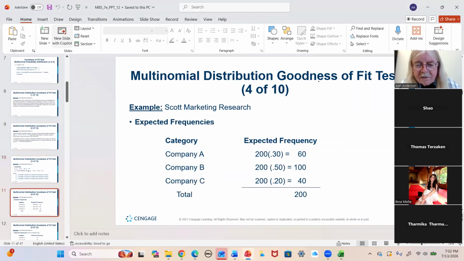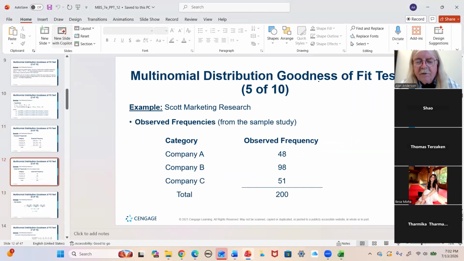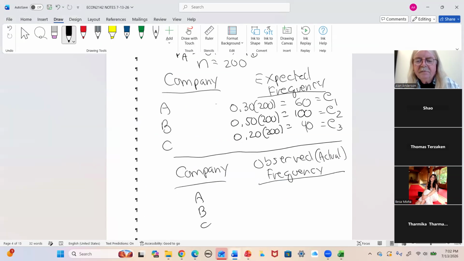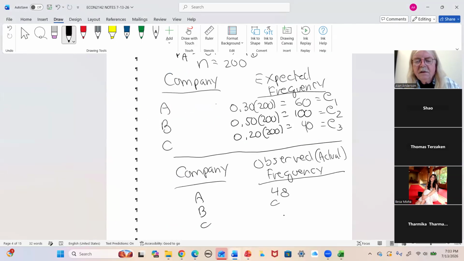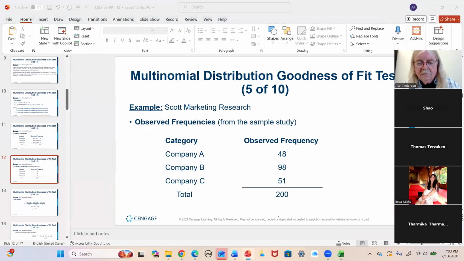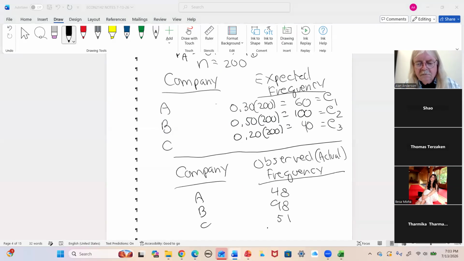There we are, 48, 98, and 51. Yeah, they do.